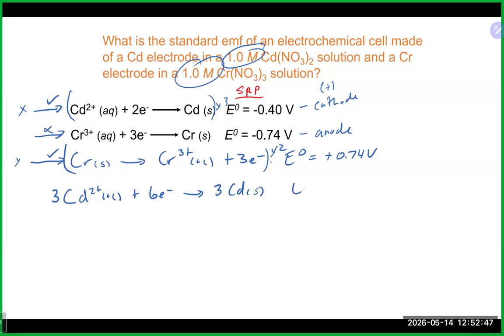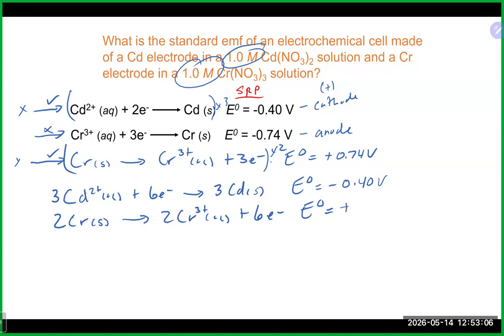Even though I multiplied by 3, it has no effect on the SRP value. I multiply the bottom one by 2, which gives 2 chromiums going to 2 Cr3+ and 6 electrons. Again, multiplying has no effect on that value. This will still be positive 0.74.